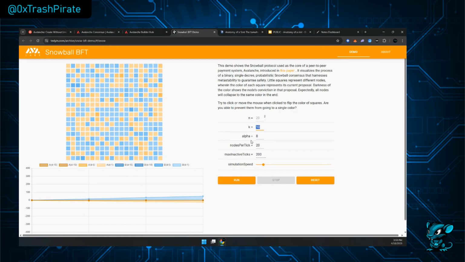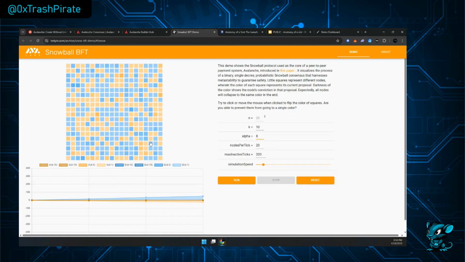So if it asks 10 validators, is this transaction valid? If 8 of them say yes, this is the alpha here, it takes on that the block is valid.